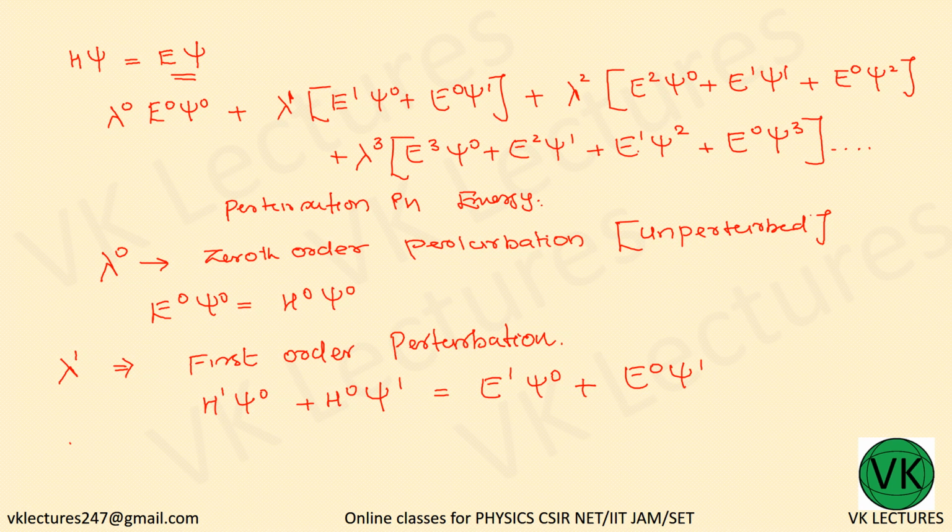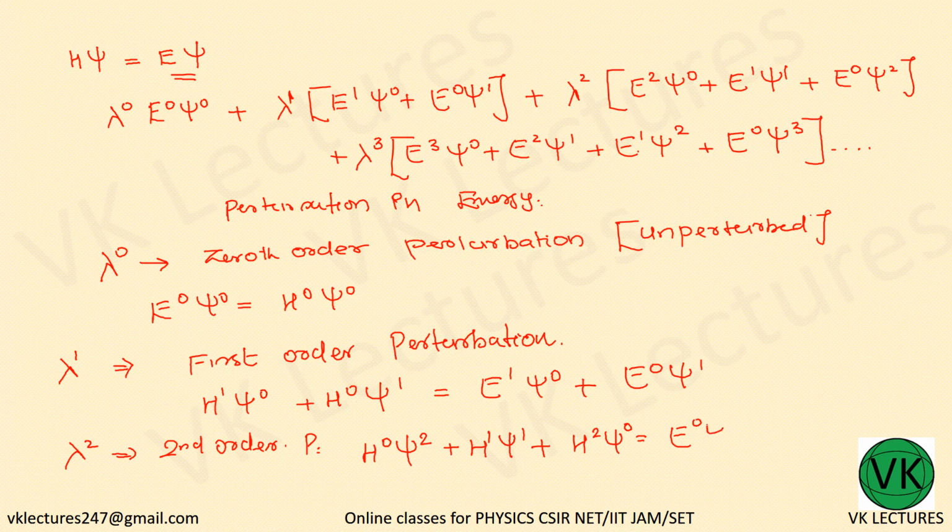Now similarly, λ squared gives the second order perturbation. We can write H0 ψ2 plus H1 ψ1 plus H2 ψ0 equal to E0 ψ2 plus E1 ψ1 plus E2 ψ0. So this is the second order perturbation.